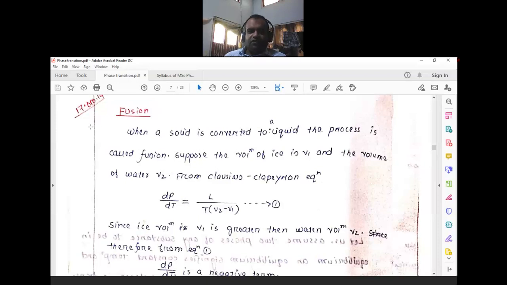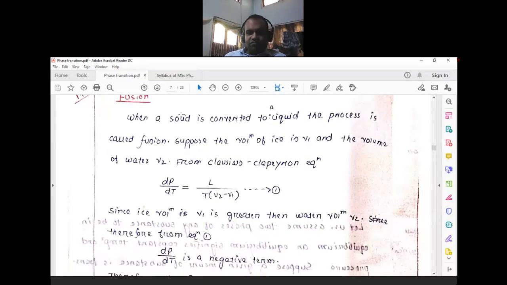First, let us have a look at the fusion curve, or fusion plot, whatever you want to call it. By definition, what is fusion?